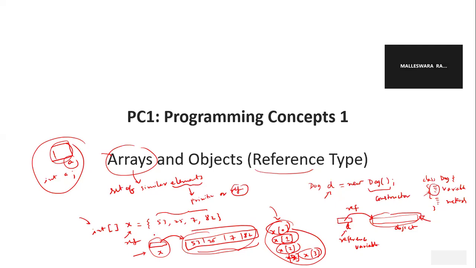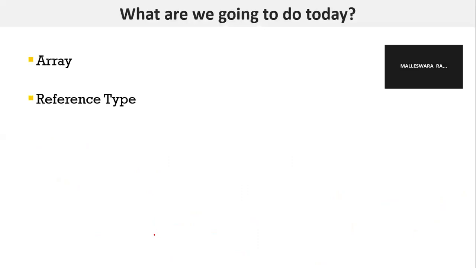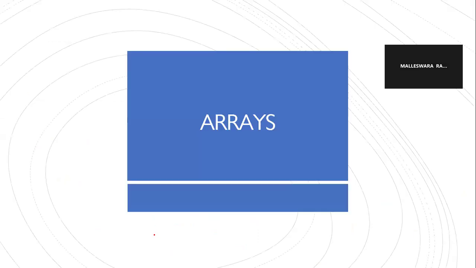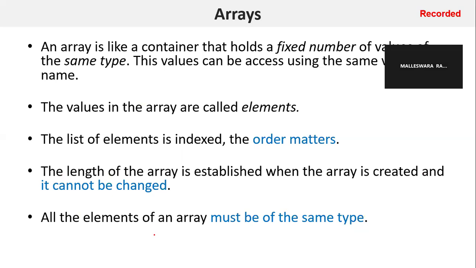So let's move ahead. You will see more details. Reference type arrays. Basically, an array is a fixed number of elements of the same type. We call them elements. The order matters because we are indexing them.